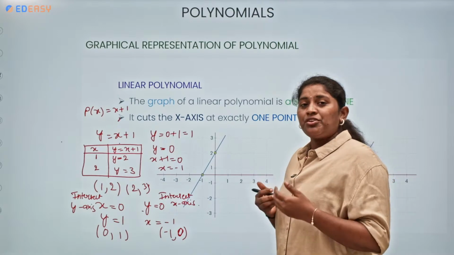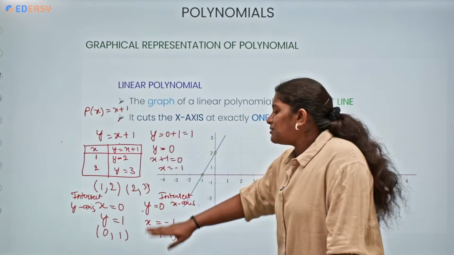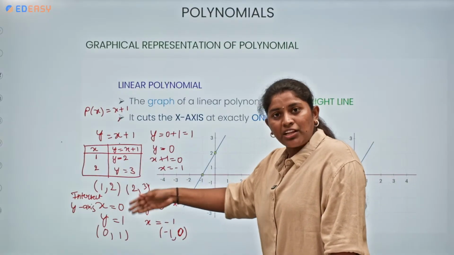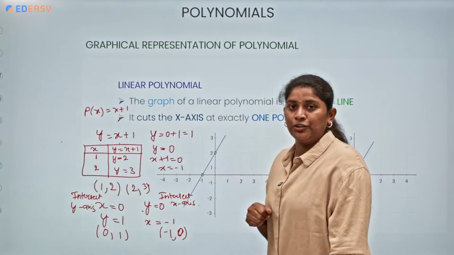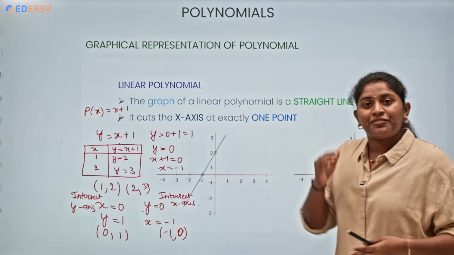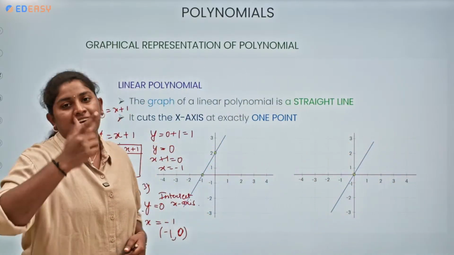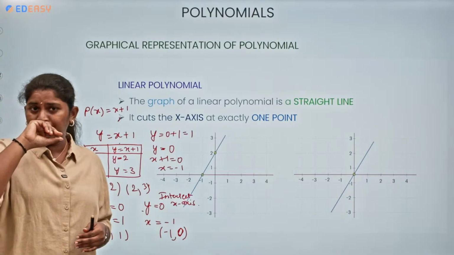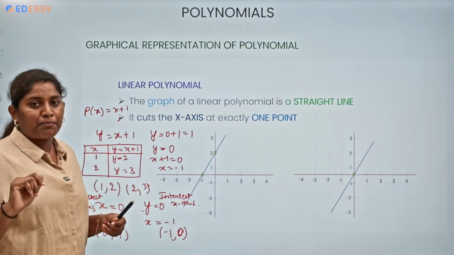If you are getting bored of taking random values, you can simply take x equals 0 and find the respective y value, and take y equals 0 and find the respective x value. So you will be getting where that graph is going to intersect your x-axis and y-axis. And if you just extend it, you will be getting the complete graph.